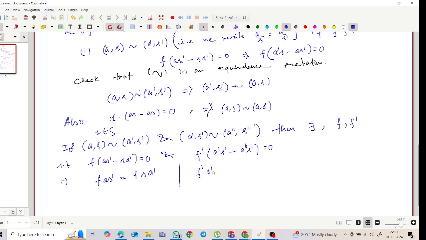And this means if (a', s) is related to (a'', s'), then multiply this by f s. Multiply this by f s.